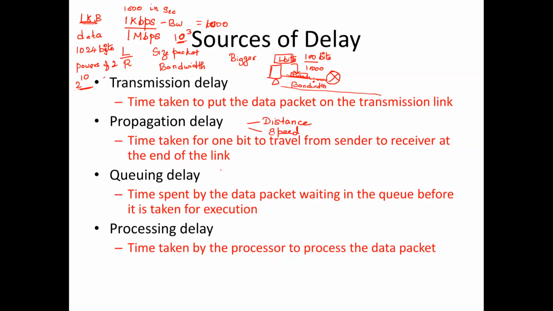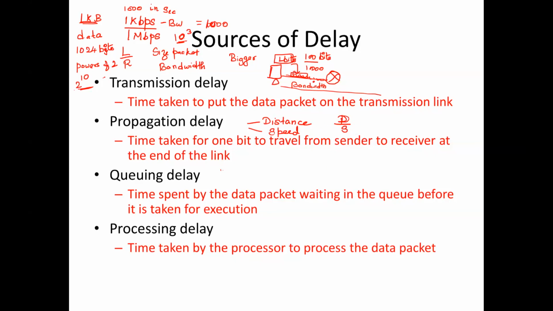So these are the two important points you should remember. For calculating the propagation delay, the formula is distance by speed. Distance represents the medium's length, and speed represents the bandwidth of the link.